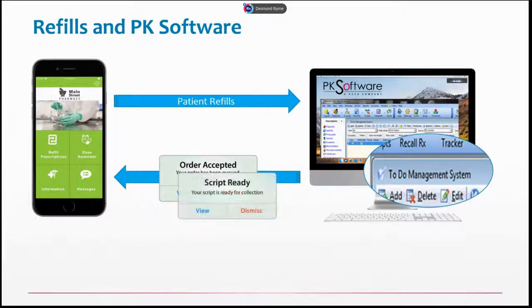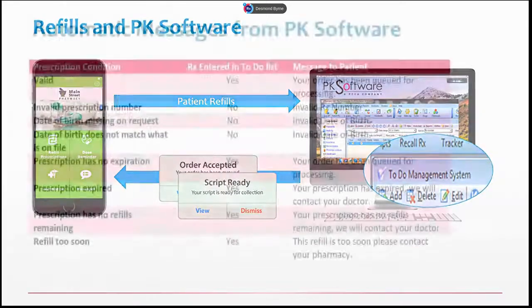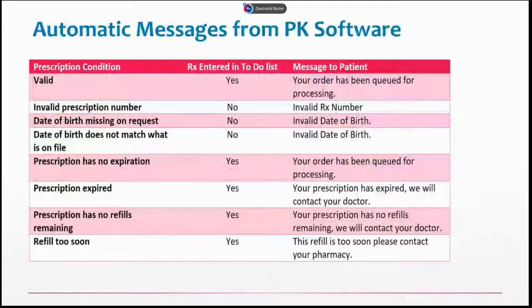A patient downloads the app, gets a reminder or inserts, just for the first time, the refill. The refill is valid. It goes into the to-do list management system in PK. A message automatically goes to the patient that the order has been accepted and queued for processing. Then when you dispense the item, a message goes out and says a script is ready for collection.